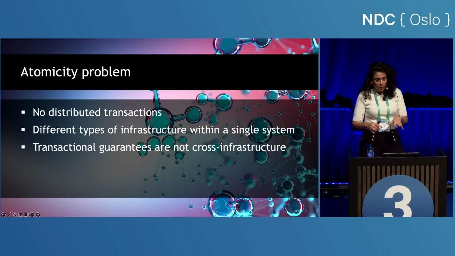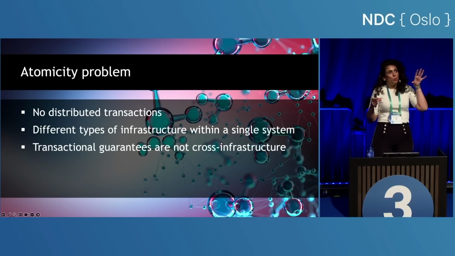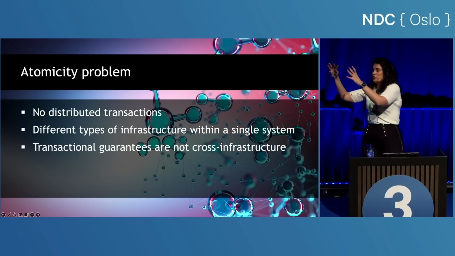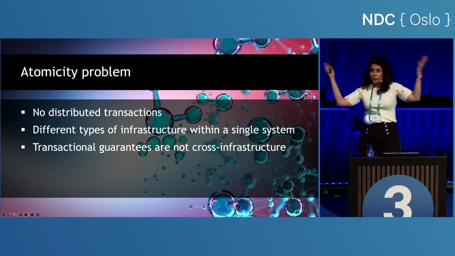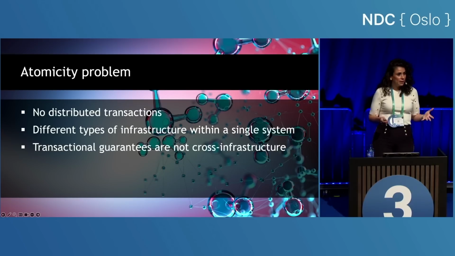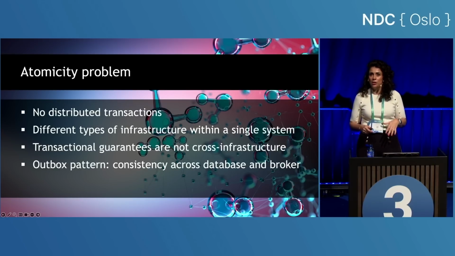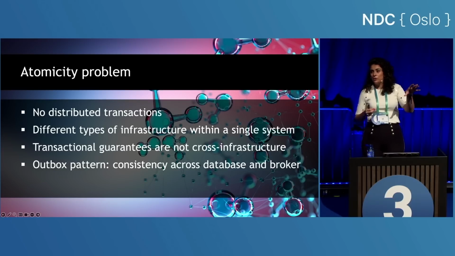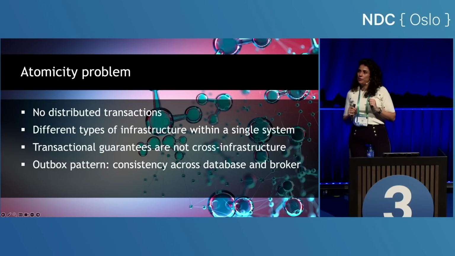So if you want, for example, what you do in a database to be consistent to the messages that you send out to a broker, a transaction scope around that is never going to help. Now, one of the ways that we handle that problem in the messaging space is with the Outbox feature. That's basically a pattern that's going to give you that consistency across your message operations and your database operations.